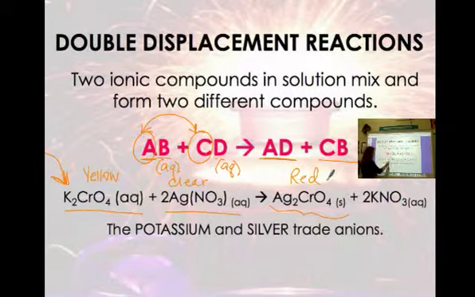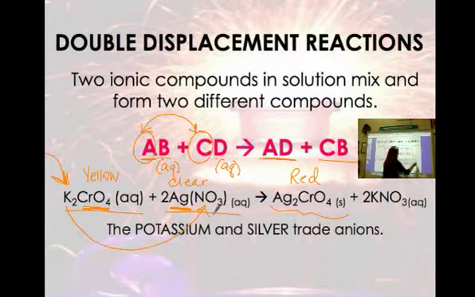How did that happen? Well, here's the silver, and here was the chromate. They did a double switch. The K ended up with the nitrate over here, potassium nitrate. The silver switched places with the potassium and bonded with the chromate. This formed a red, solid, what we call precipitate.